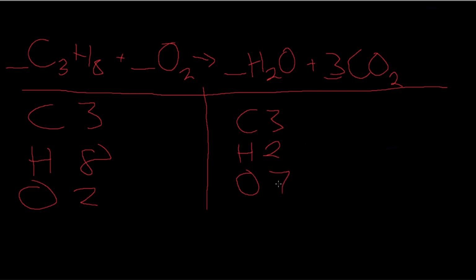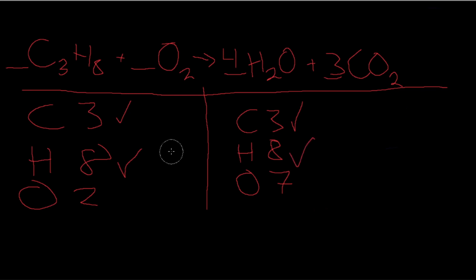So 7. So now these two are good, but we have 8 hydrogens over here and 2 over here. So if we just do 4, then that would bring this to 8. And 8 would be good.